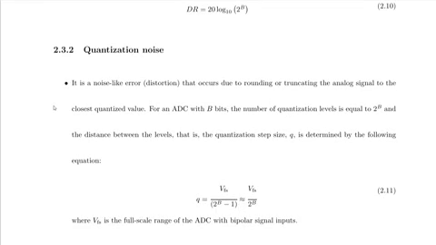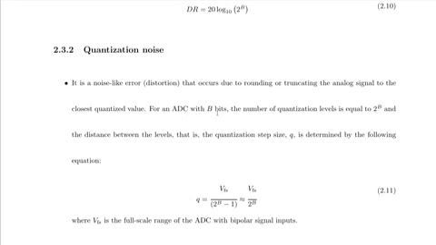Quantization noise is a noise-like error or distortion that occurs due to rounding or truncating the analog signal to the closest quantized value.